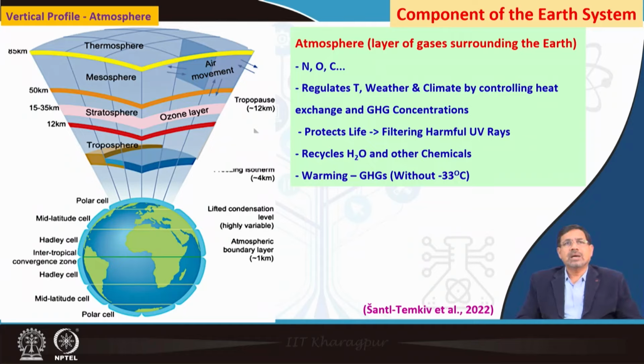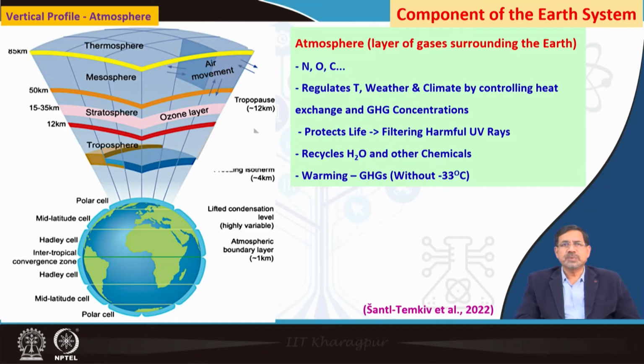So now let us have a look at the vertical profile of the atmosphere. As we all know, it starts with the lowest layer surrounding us, the troposphere. It is not a constant kind of definition. It varies from 10 or 11 to 16 kilometers at places, so we have a range there.